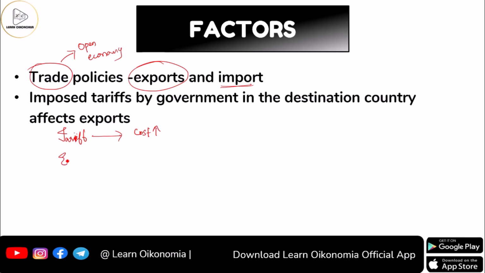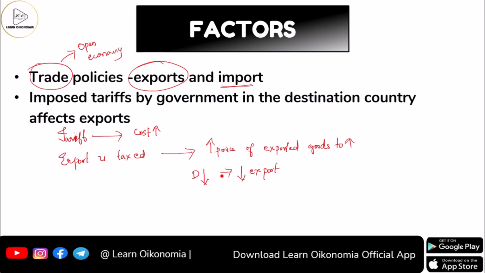If our export is being taxed, this will make the price of exported goods go up, and this will definitely make exports fall, because the demand for our products from the people abroad would come down as a result of the tax imposed by the destination nation.